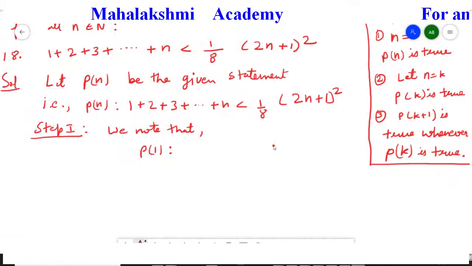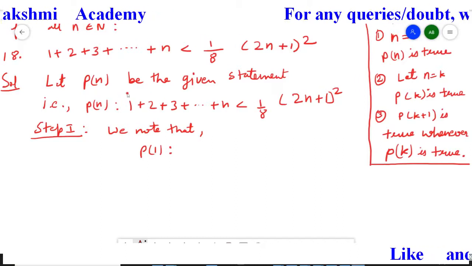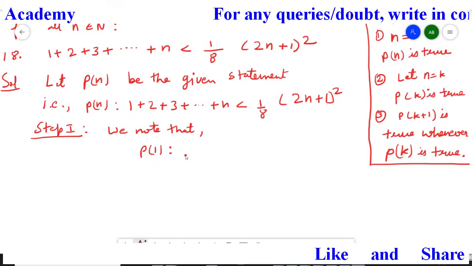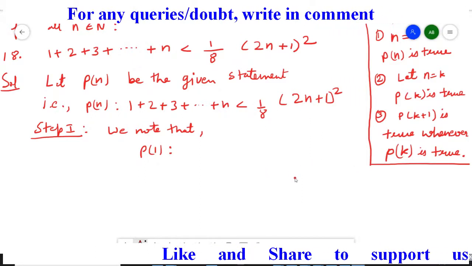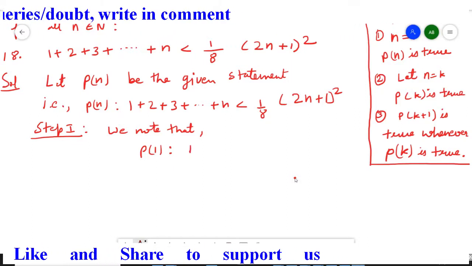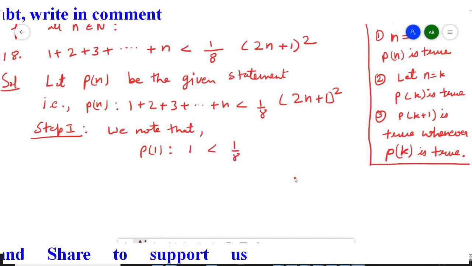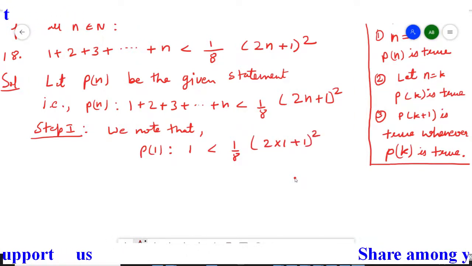From the left side we write only the first term, and in the right side, instead of n we put 1. So we get the P1 statement: 1 is less than 1 upon 8 multiplied by (2 multiplied by 1 plus 1) whole square.